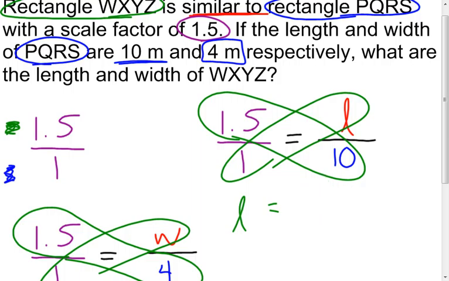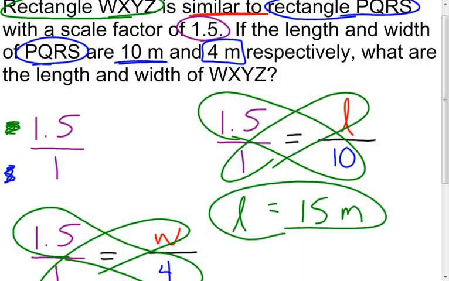Now I have to take 1.5 times 10, and the length, sorry about that, should have been 15 meters. So the length and width of my rectangle WXYZ will be 15 meters and 4 meters. And that's going to end my examples dealing with similar polygons.